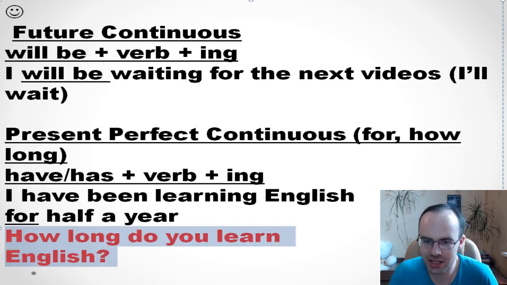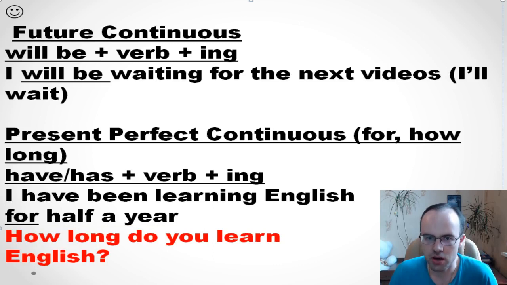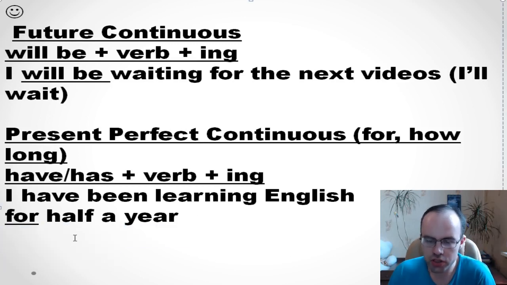You can't say so. It's completely wrong. Right, my friend? Never say it. If it's how long, you need, my friend, to use another structure. So instead of this question, you need to use another structure.